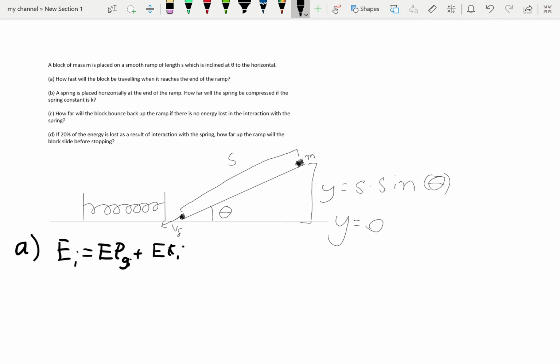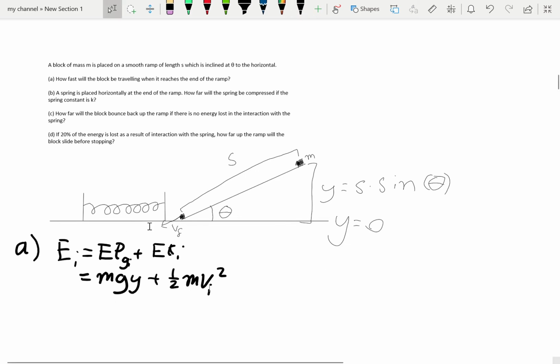And that is given by mgy plus 1/2 m vi squared.